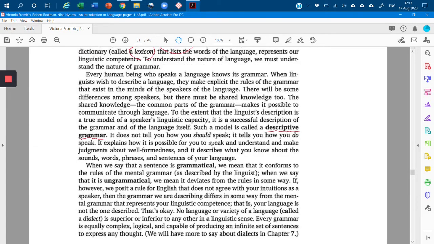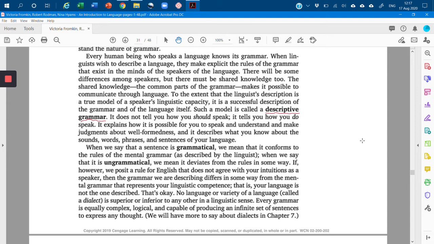But first, let me tell you about descriptive grammar. Descriptive grammar is explained very simply in one sentence. It does not tell you how you should speak. It tells you how you do speak, right?